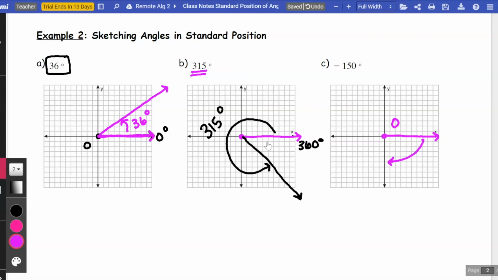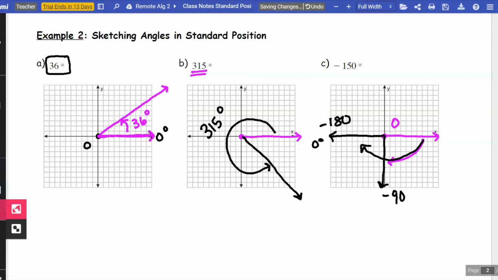So where is negative 150 going to be? Well, if I rotated this angle and I put my terminal side here, this would be negative 90. And if I put my terminal side here, so all the way this way, this would be negative 180. So I know that negative 150 is between negative 90 and negative 180.